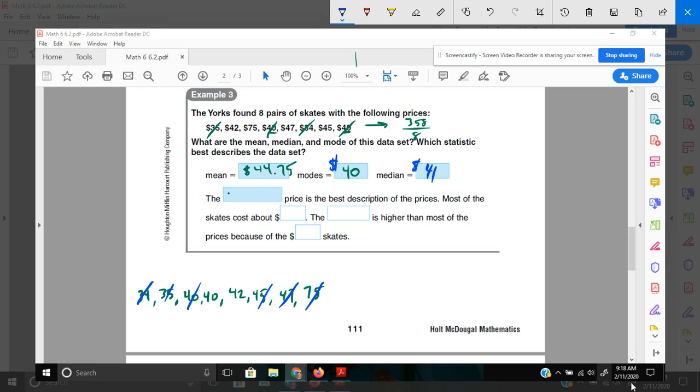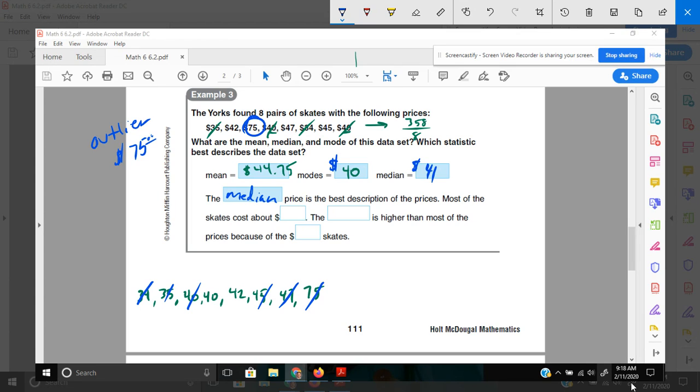I would say it would be the median, because the mean or the average is a little bit higher than the rest of the data. And again, notice that's because of the outlier of $75. There's one really expensive pair of skates, and that skews our data.